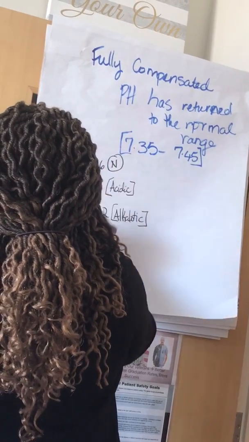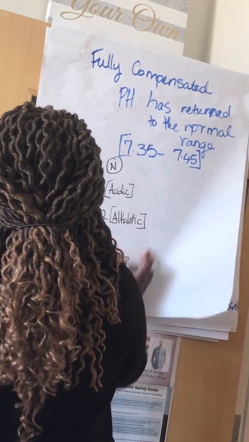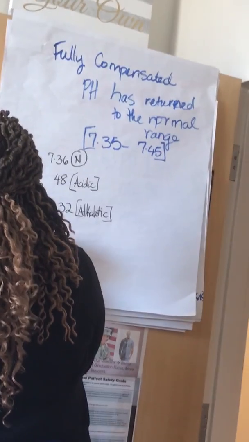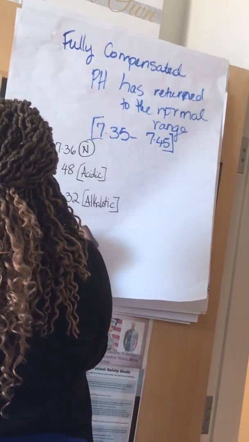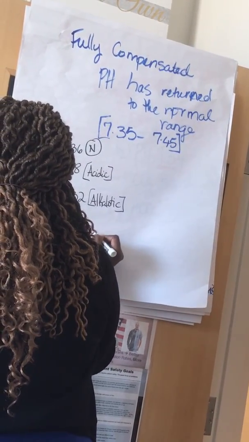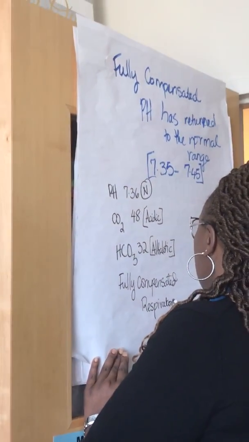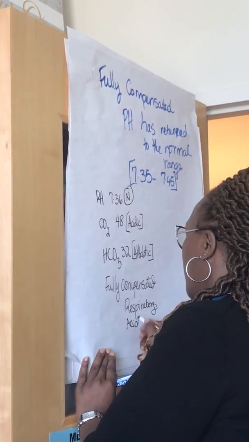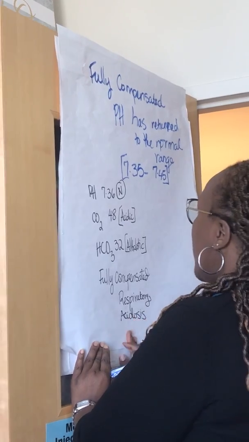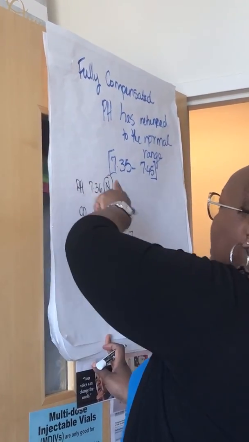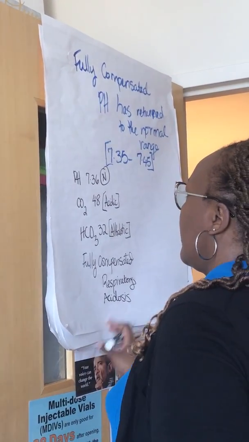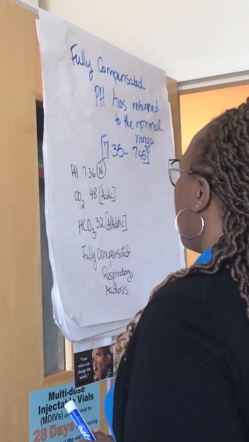So now we look at the other values and see what is acidic. So this becomes fully compensated respiratory acidosis. And it's fully compensated because the pH has gone back to the normal range, within 7.35 to 7.45.